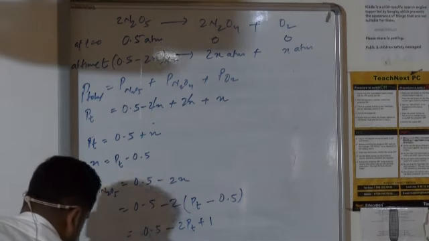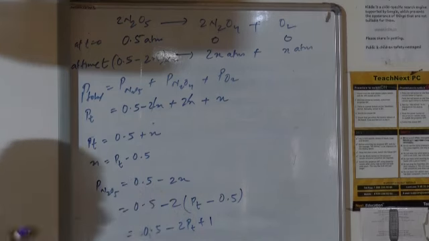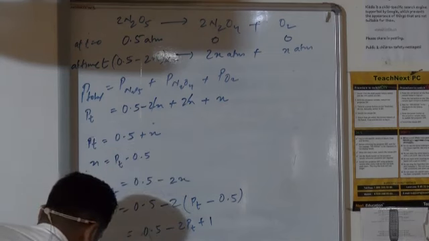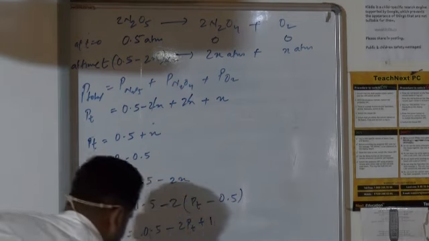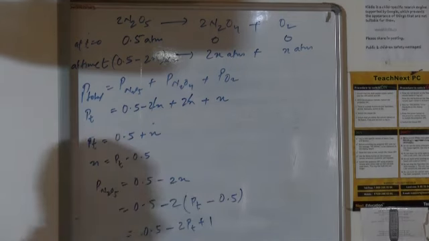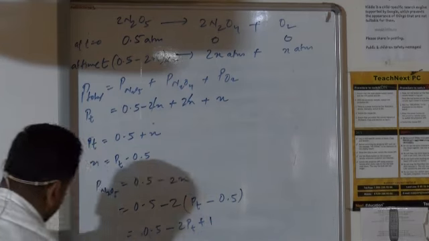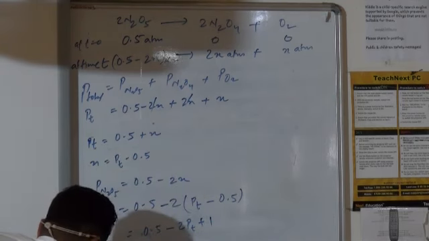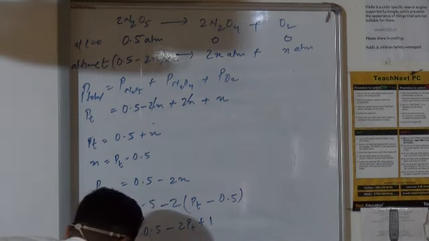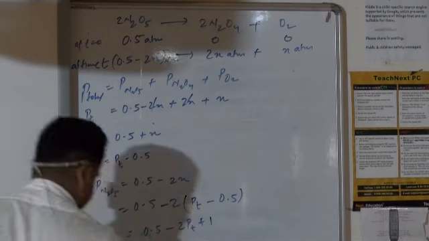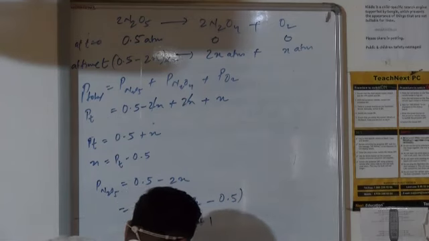We know in the table it is given at t equals 100 seconds, P total is how much? 0.512 atm. That is from the table. Okay. So let us move on here now again. P N2O5 is equal to 1.5 minus 2 PT. PT is how much? 0.512 atm.